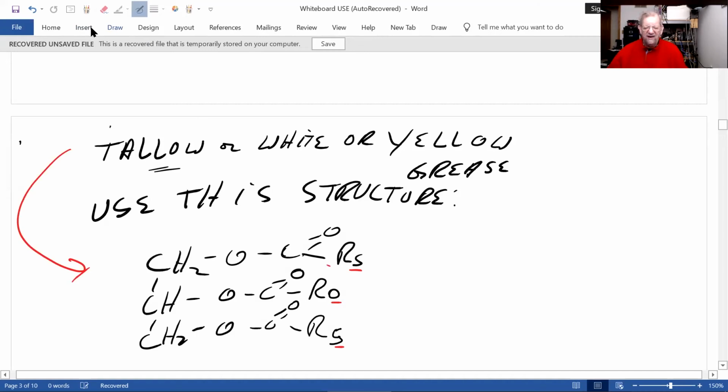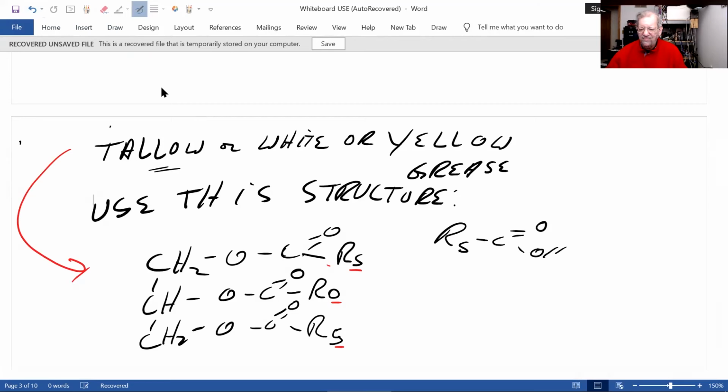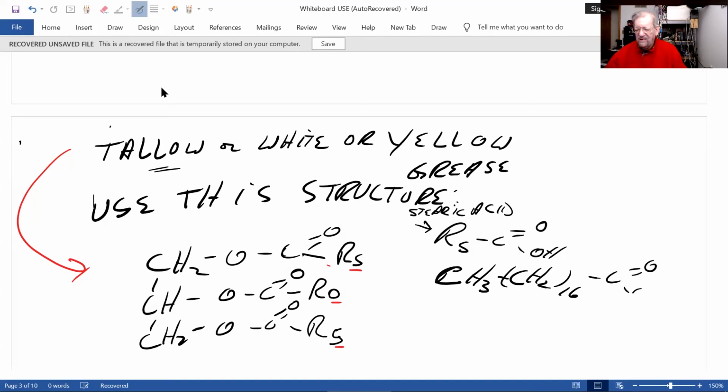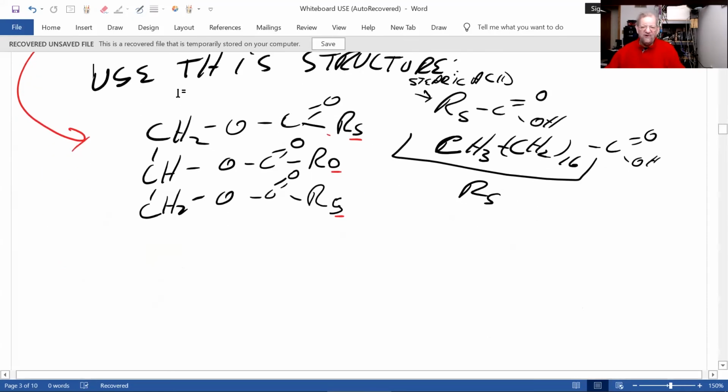And what do I mean by R sub S? This would be stearic acid. As you know, this is stearic acid. And what I mean by R sub S is this. And R sub O is for oleic acid.